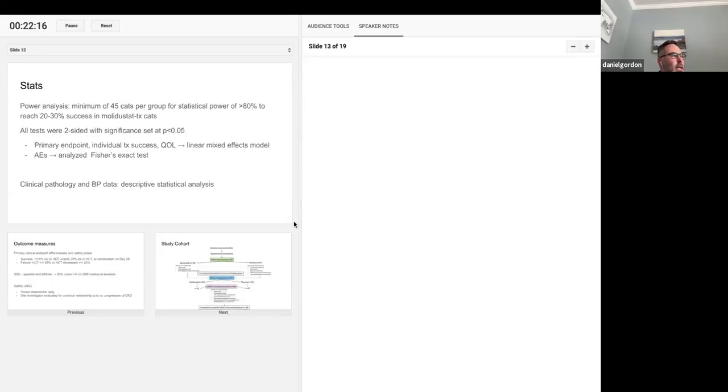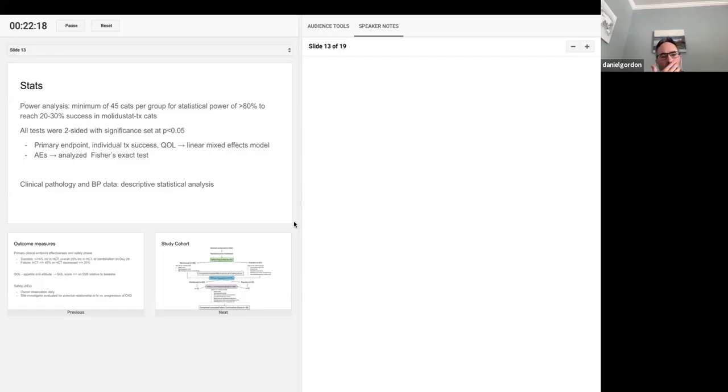So looking at their stats, they did have a power analysis where they determined a minimum of 45 cats were needed per group to find a statistical power of greater than 80% to reach a 20 to 30% success in a molidustat group.